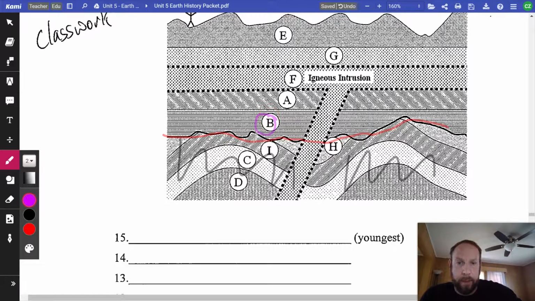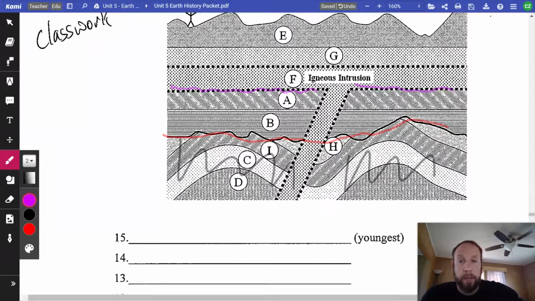We see B, we see A, there's that F, be careful. G, then E, and notice they're all pretty horizontal. That's great. Okay, so what certain things can we tell here? We know that B happened before A because of superposition, and we know that A happened before F because of superposition and because of contact metamorphism.